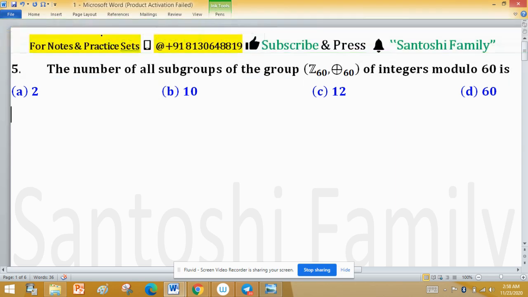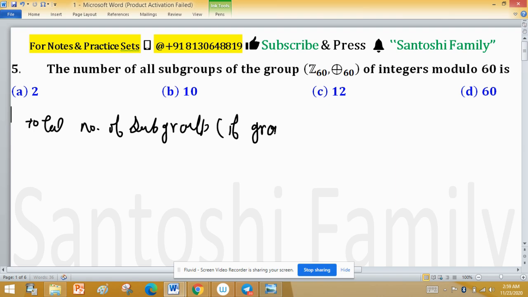Here you have to remember one statement or formula: total number of subgroups if the group is abelian and finite. This formula holds only for this.